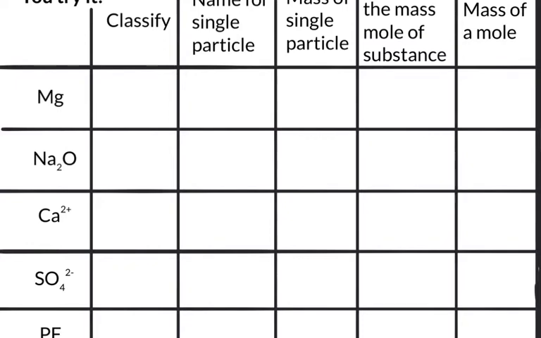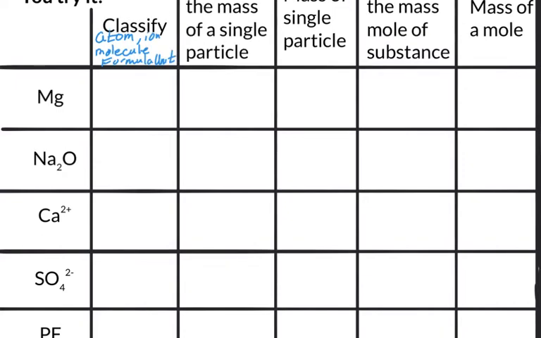And now it's time for you to try it. So here's what we're going to do. We're going to classify each substance as an atom, an ion, a molecule, or a formula unit. So you're going to classify it first. Then you're going to find the name for the mass of a single particle, and those will be things like atomic mass, ionic mass, molecular mass, formula mass.